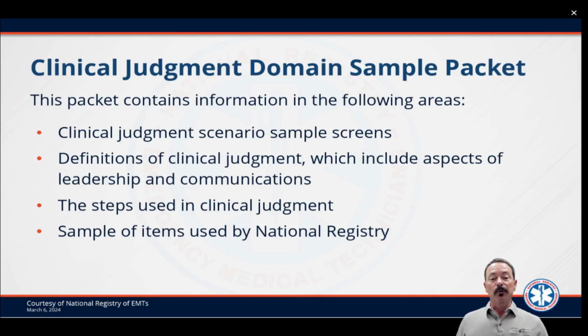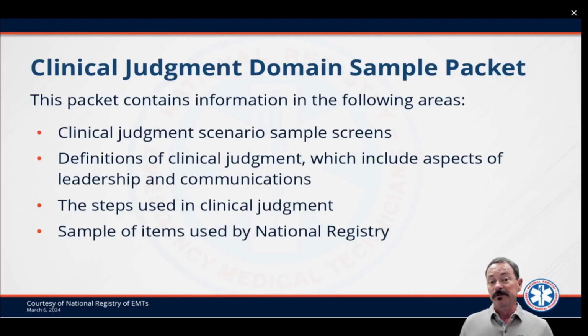Now, it's going to give you some clinical judgment scenario sample screens, and then I'm going to help review that and analyze that with you. Definitions of clinical judgment, which include aspects of leadership and communications, and then the steps used in the clinical judgment.